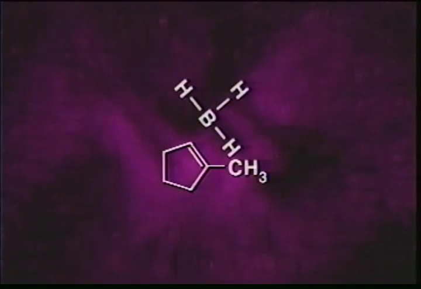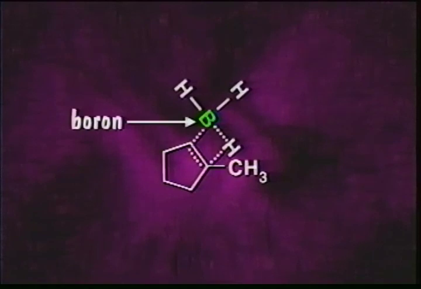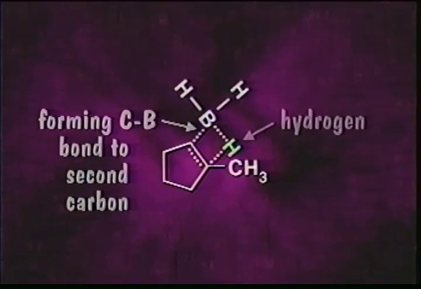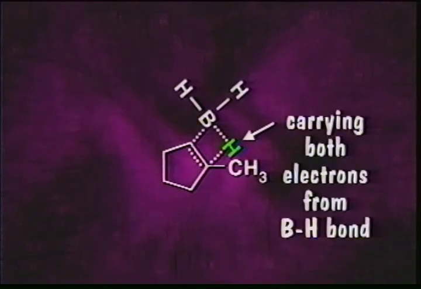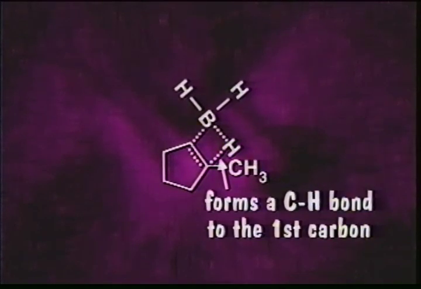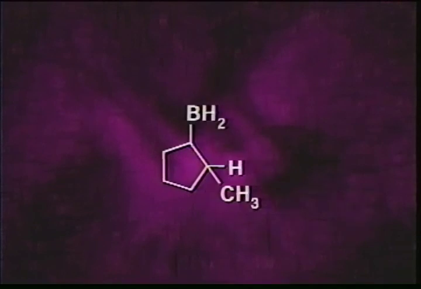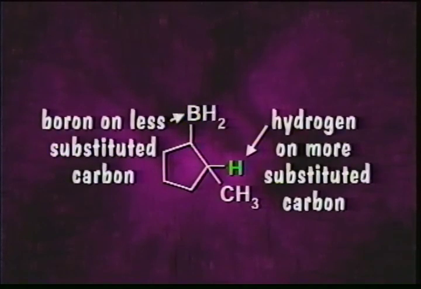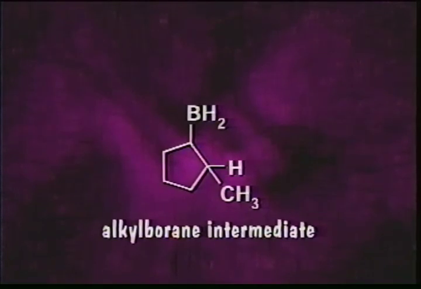So, just to repeat what's going on here, boron from borane is forming a carbon-boron bond to the second carbon. At the exact same time, the hydrogen, carrying both of the electrons from the boron-hydrogen bond, forms a carbon-hydrogen bond to the first carbon. This intermediate, with a boron on the less substituted carbon and hydrogen on the more substituted carbon, is called an alkyl-borane intermediate.